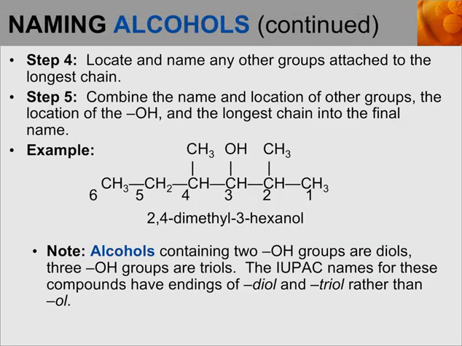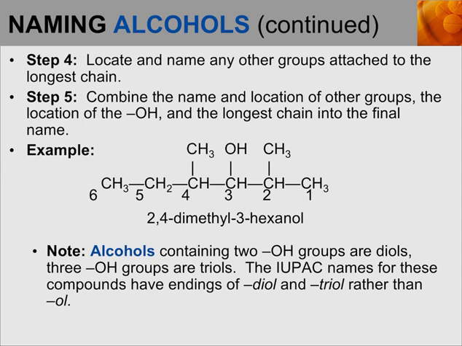Now, if you have more groups attached to your longest chain, then in step 4, you're going to locate and name any other groups attached to that longest chain. Then in step 5, you're going to combine the name and location of other groups, the location of the OH group, and the longest chain into one final name.